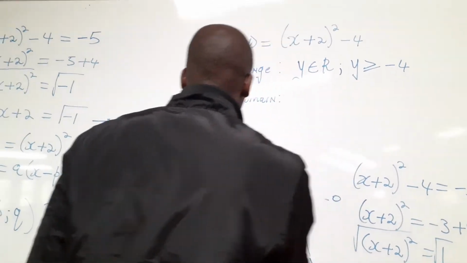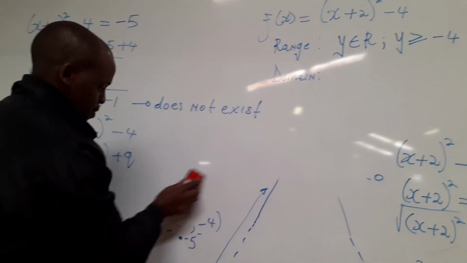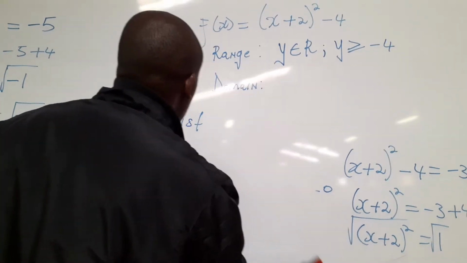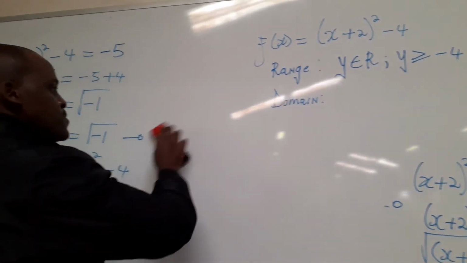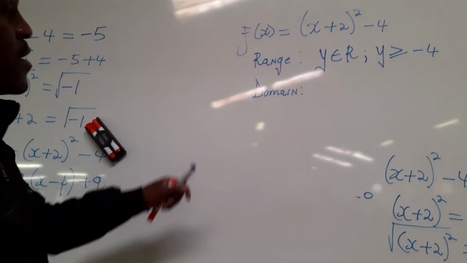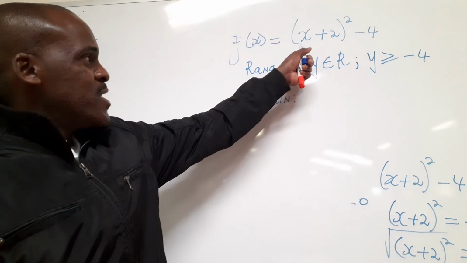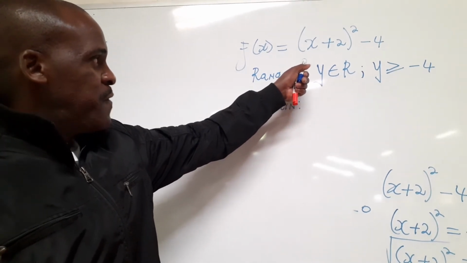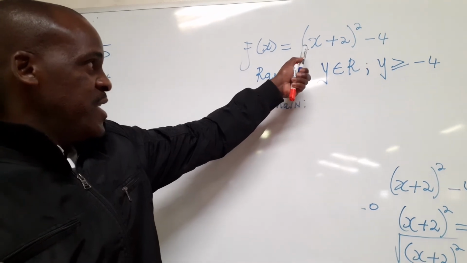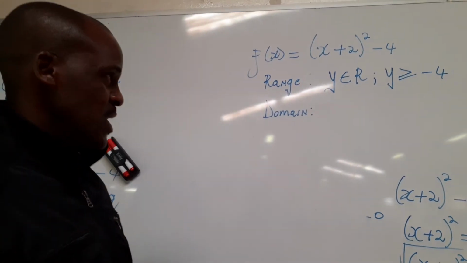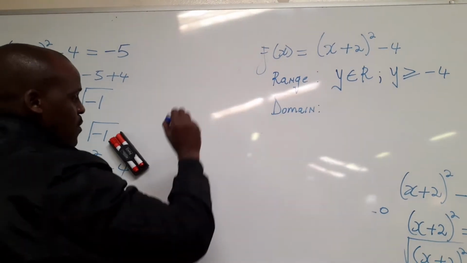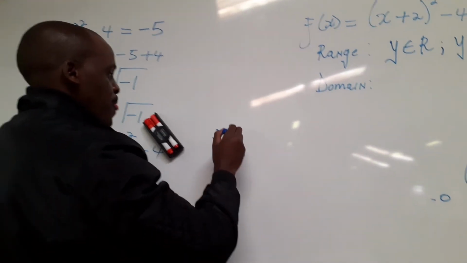Right, let's check for the domain. For the domain, we are to check if there is any value that we can put in here and make this not exist for our y.